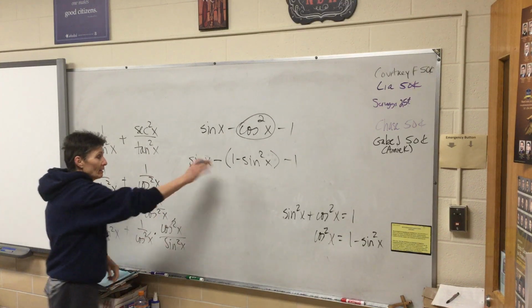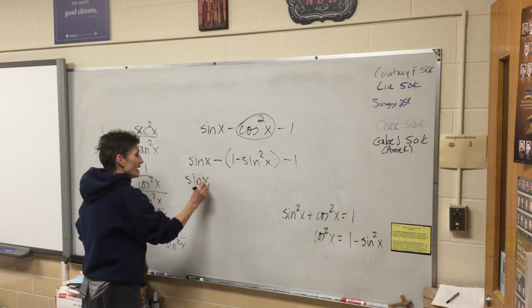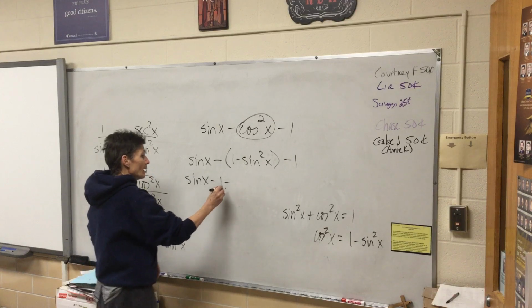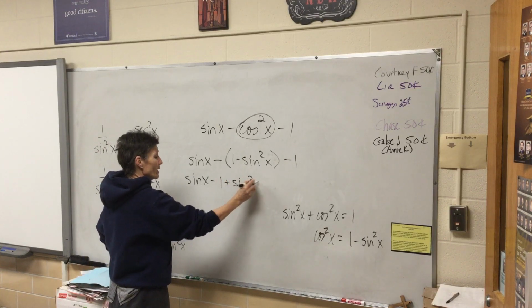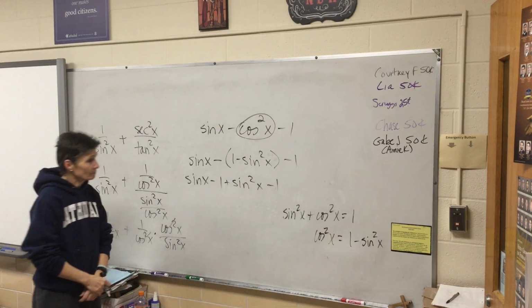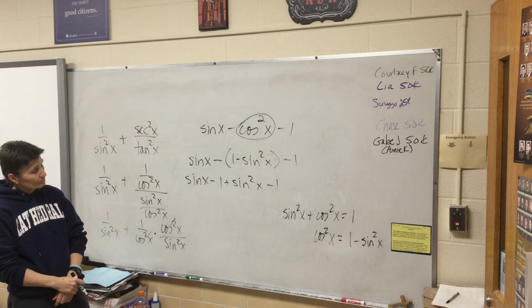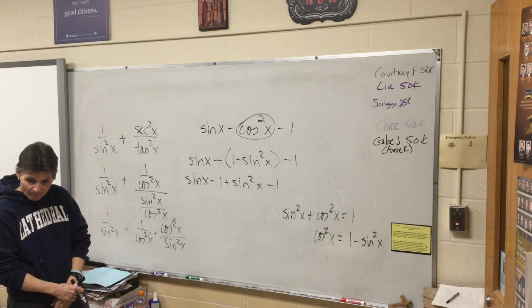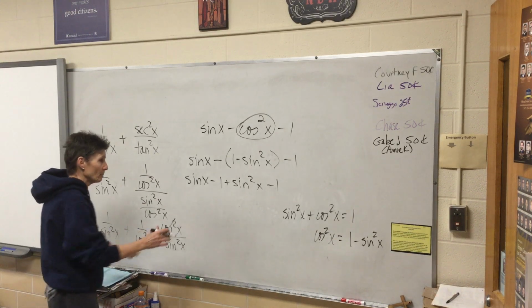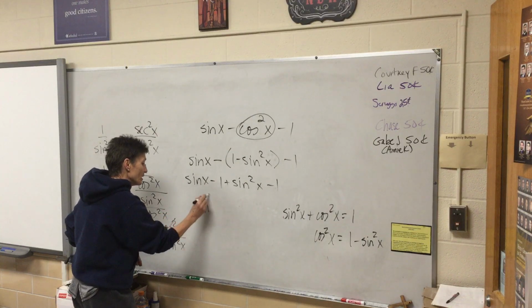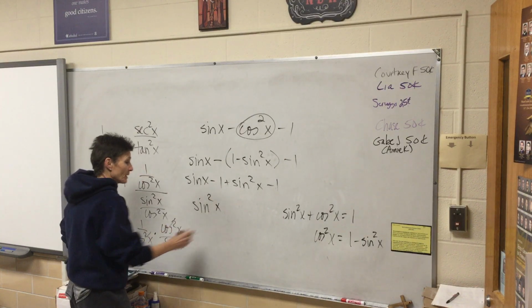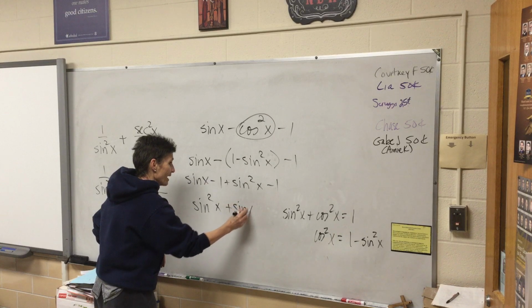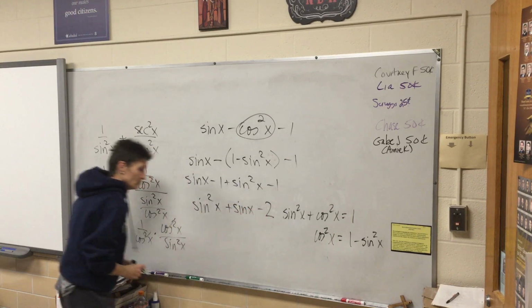Okay. Now, let me distribute the negatives. So I have sine x minus 1 plus sine squared minus 1. Does that look okay to everybody? Let's clean it up a little bit. I think I'll put it in descending order. So I got my sine squared plus sine minus 2.